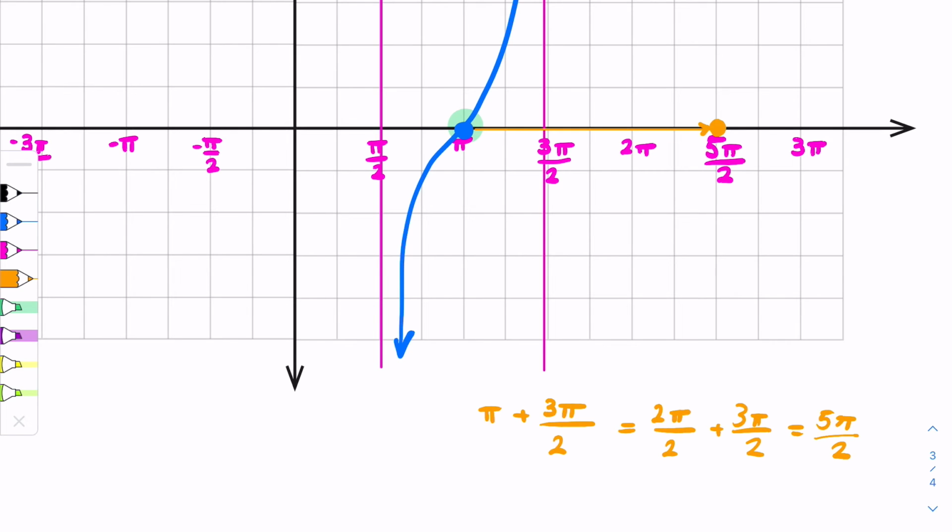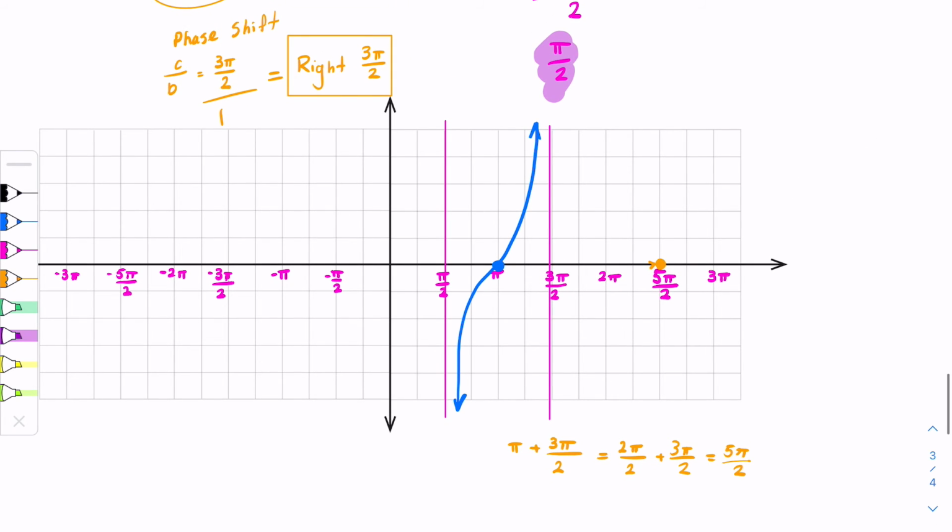Not only does the point in the graph slide over to 5 pi over 2, but the whole interval does, or the whole cycle does. That means I am going to shift my asymptotes as well as the function over to 5 pi over 2. And I'm just going to take my graph and do that.